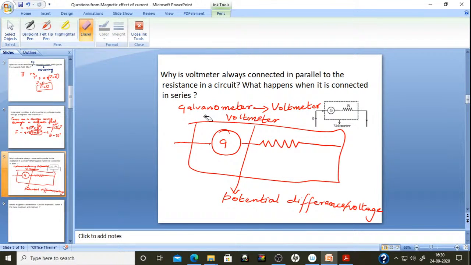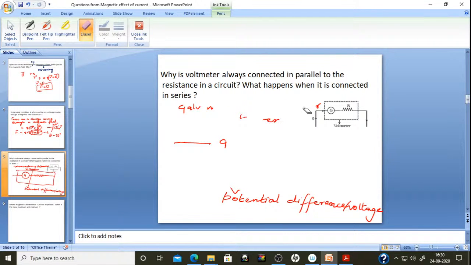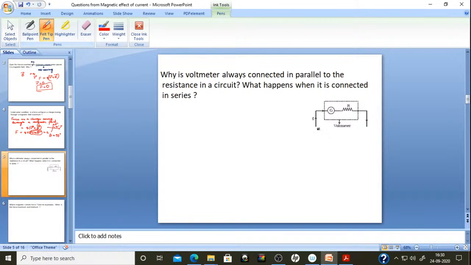So this diagram is the same thing. I have attached this diagram on the right side, if you can see. So this here is the voltmeter, a galvanometer with a high resistance.